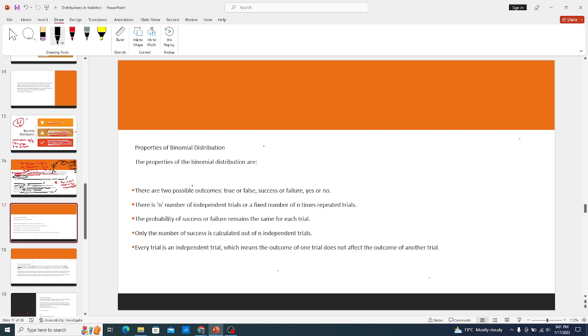There is n number of independent trials, or a fixed number of repeated trials. Let's assume n is the number of trials, meaning n can be 10, 5, or 3, depending on the number of trials. That's why we say there is n number of independent trials.